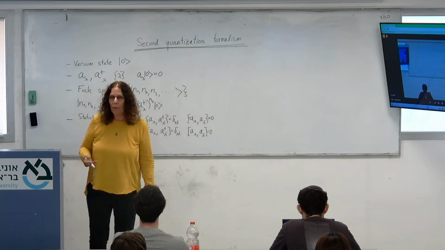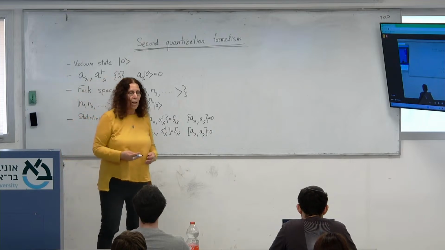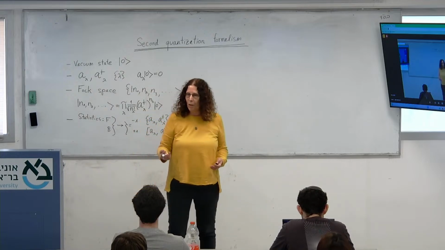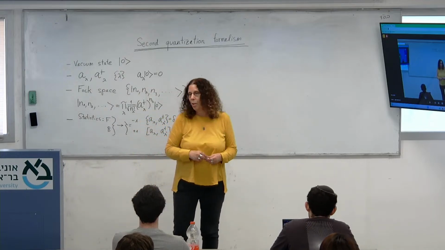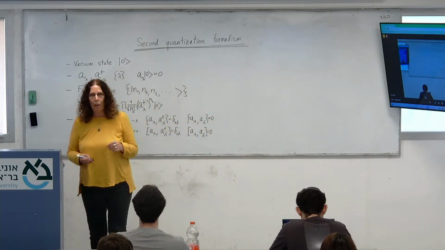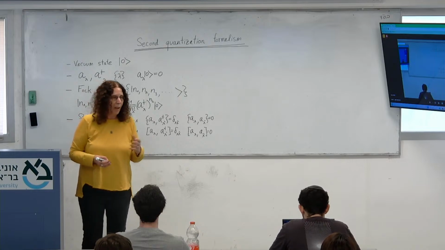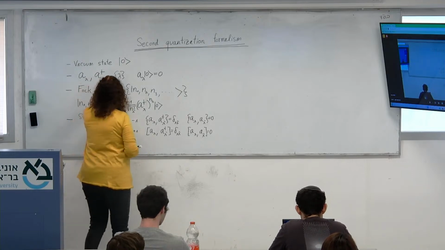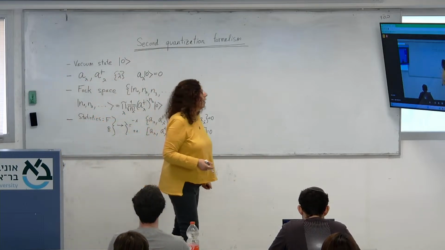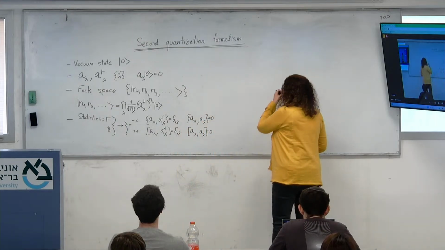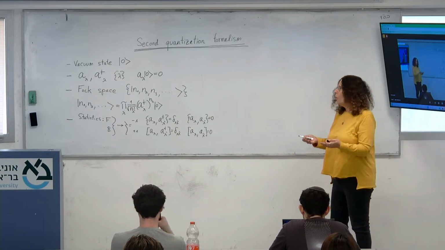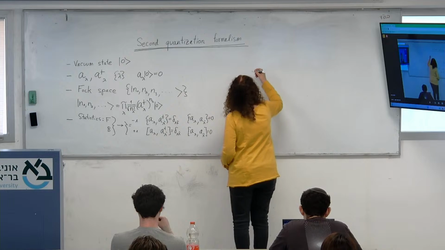For example, when you have a system where everything is translational invariant, then momentum is a good quantum number, so you want to use k vectors. For other problems, you may want to use local operators that act on a point, and so on, depending on the problem. So you want a way to go from one basis to another, having the freedom to go from one representation to another.